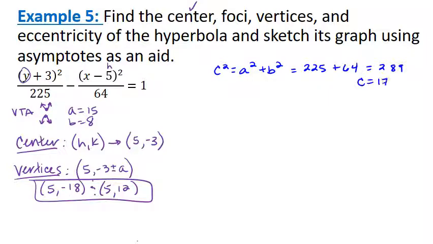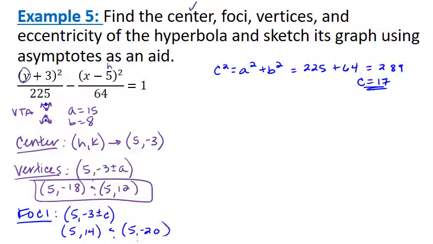So we find that c is 17. So my foci are in the middle here. From our center, which is (5, -3), we're going to add and subtract c. It's very similar to the vertices. So this gives me (5, 14) and (5, -20) for my foci.